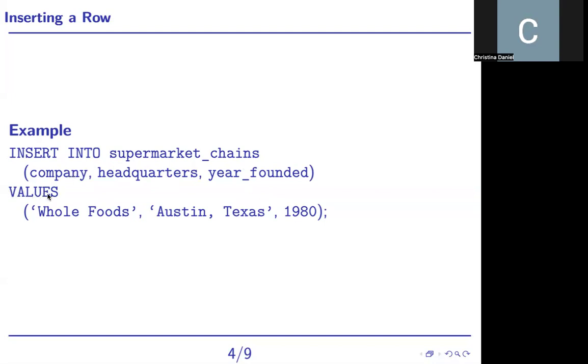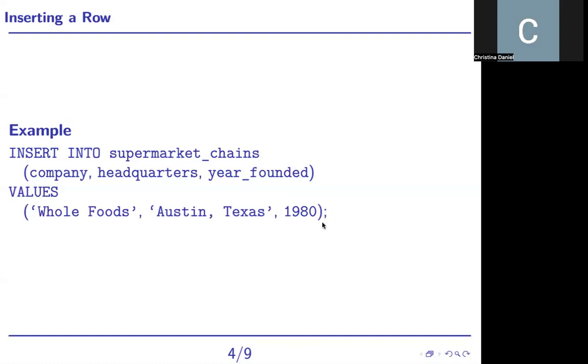Now we have the values that we want to insert into the table, and order matters. The company is Whole Foods. The headquarters of Whole Foods is Austin, Texas, and the year that Whole Foods was founded is 1980.